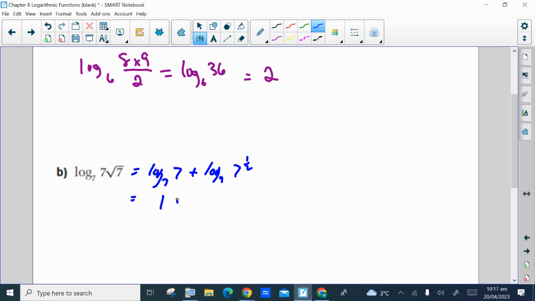Dividing something by itself will give you 1. For that second term, the exponent comes in front as a coefficient, and once again, log base 7 of 7 is 1. It will be 1 plus half of 1. 1 plus a half will be 1.5 or 3 halves.